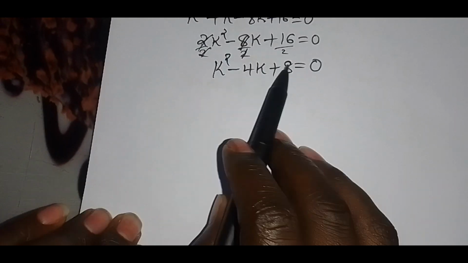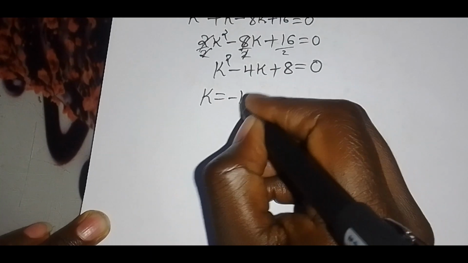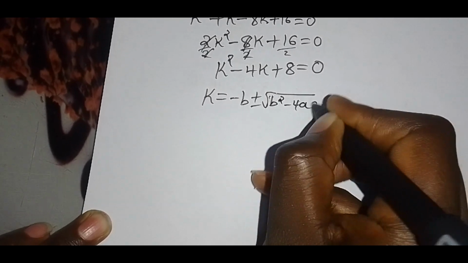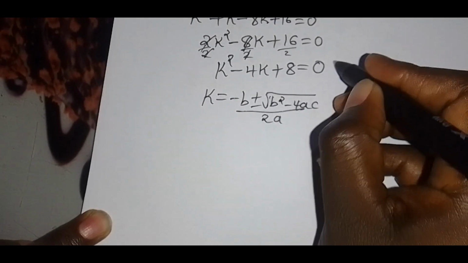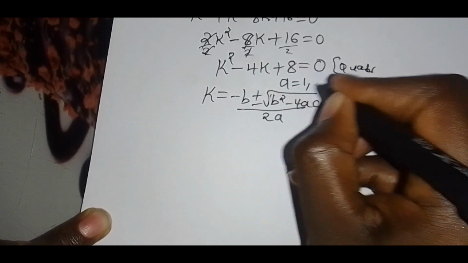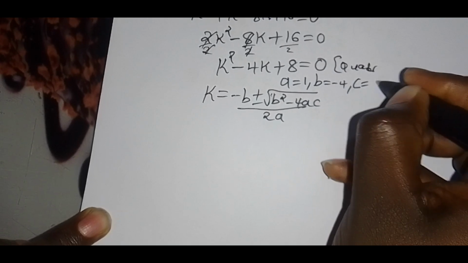Now to solve for the value of k, we introduce the quadratic formula, which states that x equals minus b plus or minus the square root of b squared minus 4ac, over 2a. From our quadratic equation we have a equal to 1, b equal to -4, and our constant c equal to 8.